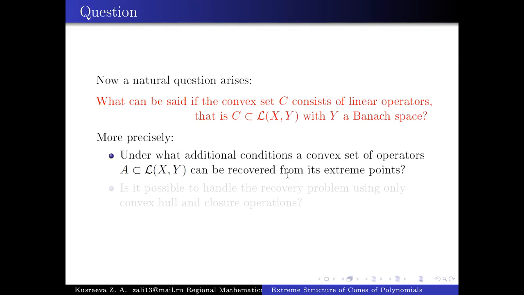The first one is the existence problem, which asks under what additional conditions a convex set of linear operators with values in a Banach space can be recovered from its extreme points and/or extreme rays. And the recovery problem, according to which we ask, is it possible to handle the recovery problem using only convex hull and closure operations?